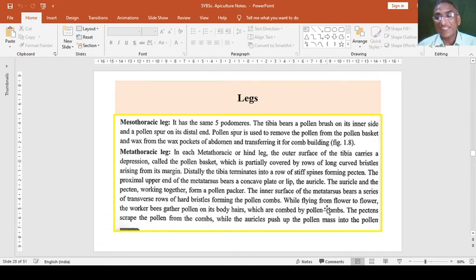While flying from flower to flower, the worker bees gather pollen on their body hairs, which are combed by pollen combs, and the pectens scrape the pollen from the combs, while the auricle pushes up the pollen mass into the pollen basket.